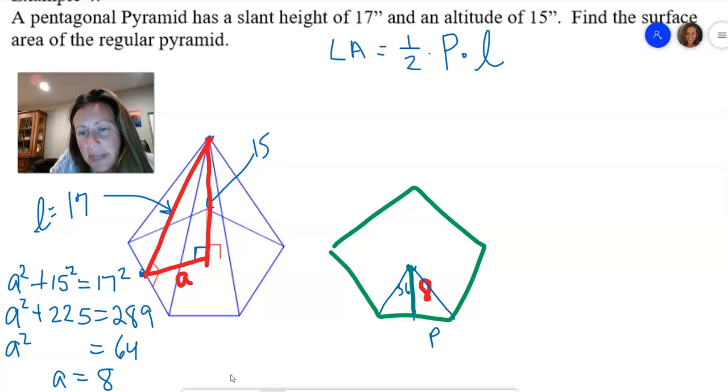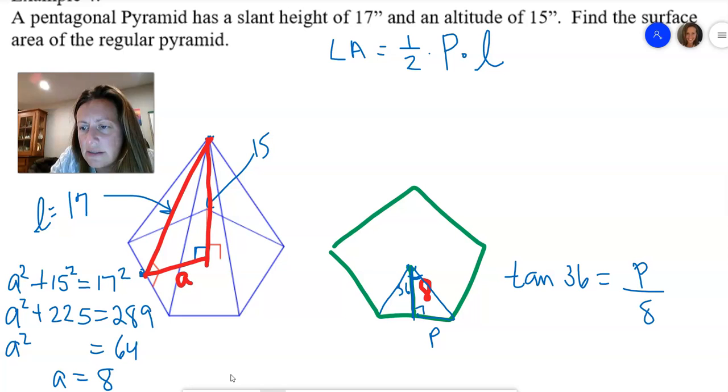So to calculate P, 36 is this angle here. 8 is the side that's adjacent, and P is opposite in a right triangle. So I'm going to do the tan of 36 equals P over 8, opposite over adjacent. And this time the unknown is at the top of the fraction.